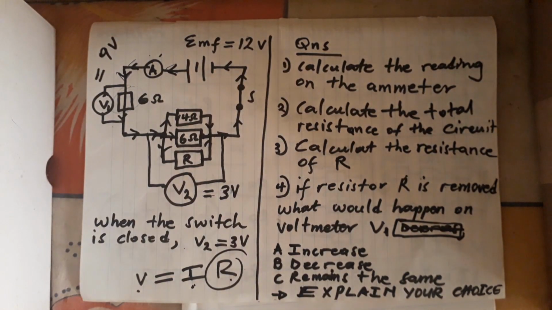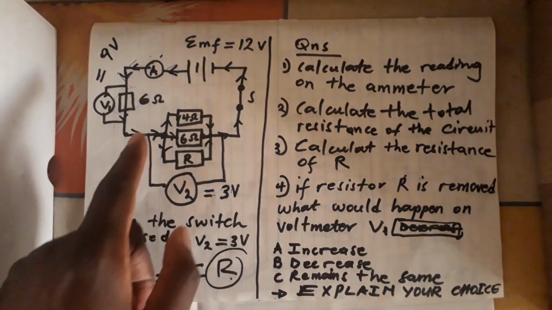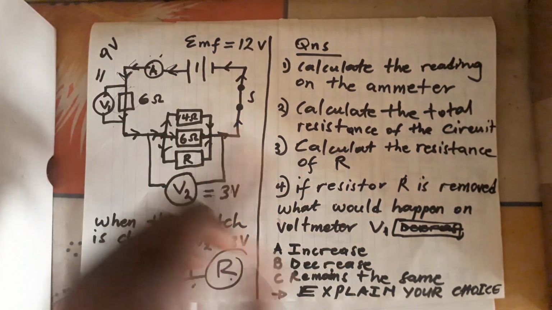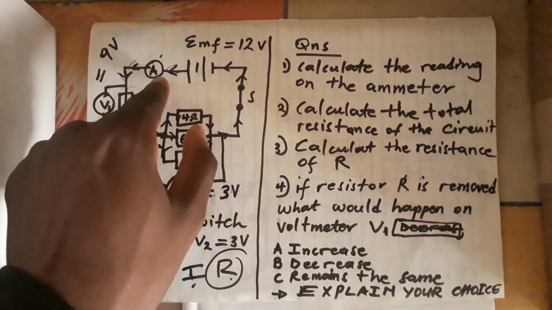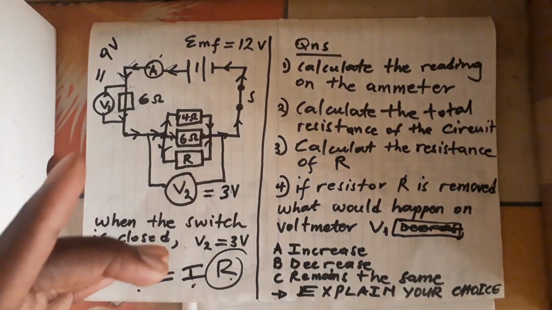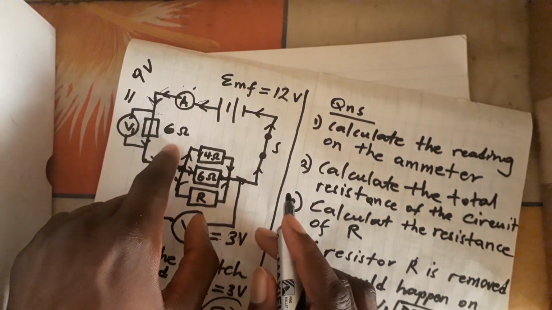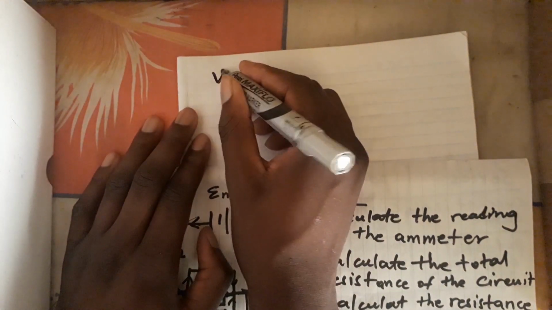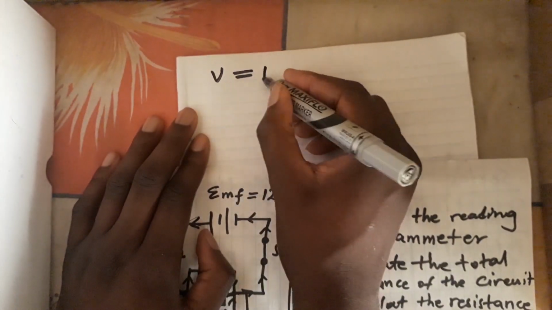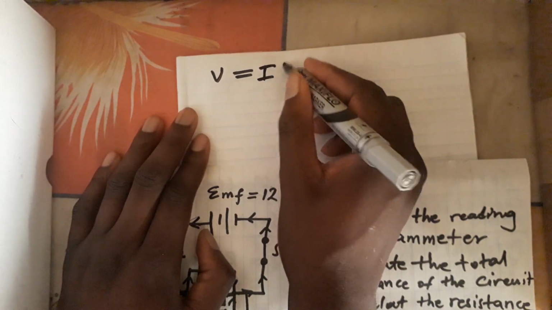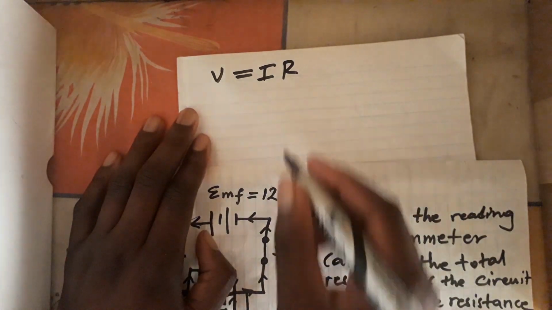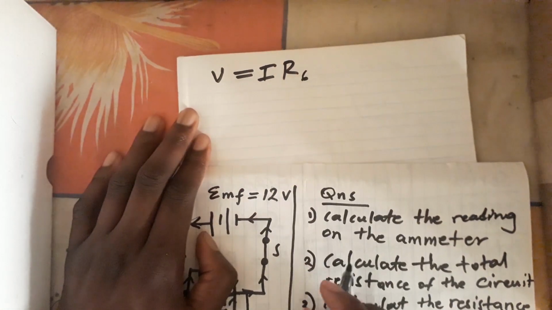How are we going to calculate this? We are going to use a resistor that is connected in series, because this ammeter is connected in series. So I'm gonna say this is 6 ohms, by the way. I'm gonna say V equals I R, for which resistor, which is R6. So what is the potential difference on R6?